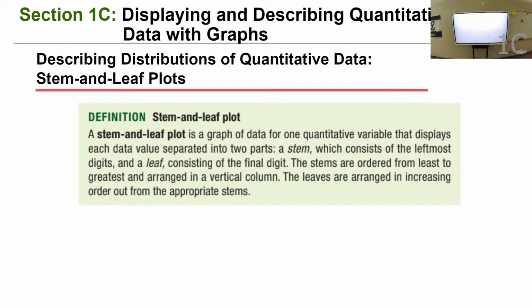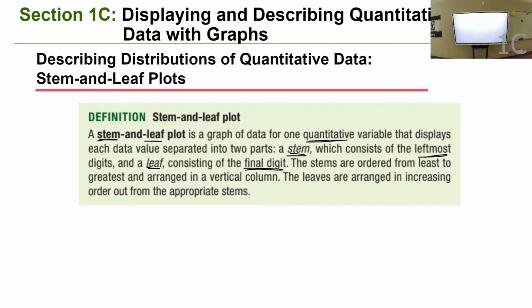So you have stems and you have leaves. The stems are typically on the left-hand side and the leaves are typically on the right-hand side, and they're separated by a bar. For a quantitative variable, a stem and leaf plot displays each data value separated into 2 parts: a stem, which consists of the leftmost digits, and then the leaf consisting of the final digit.